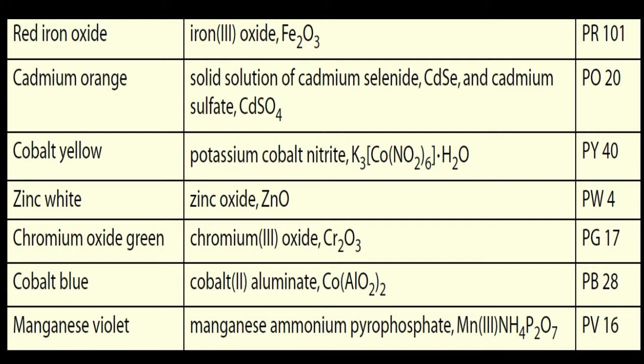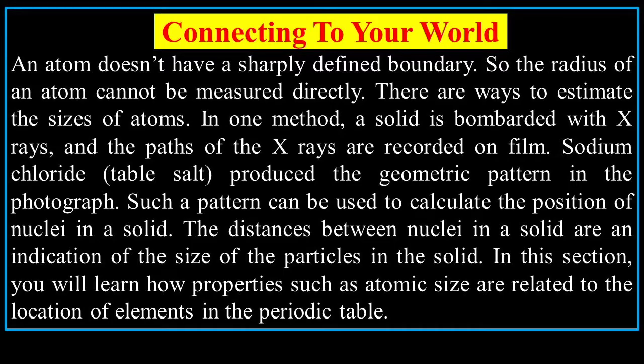Amazing what the different elements can do in our lives. An atom doesn't have a sharply defined boundary, so the radius of an atom cannot be measured directly. There are ways to estimate the sizes of atoms. In one method, a solid is bombarded with X-rays, and the paths of the X-rays are recorded on film.